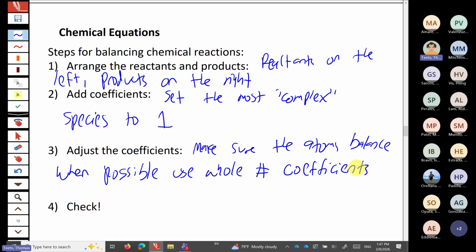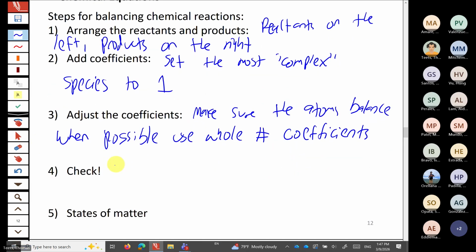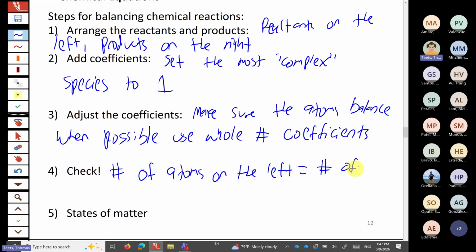And then it's good to check yourself if you have time, which again, the way you check yourself is to make sure that the number of atoms of each type on the left equals the number of atoms of each type on the right. So after you've added all the coefficients and you think you're done, it's good to double check that that's true if you have time.